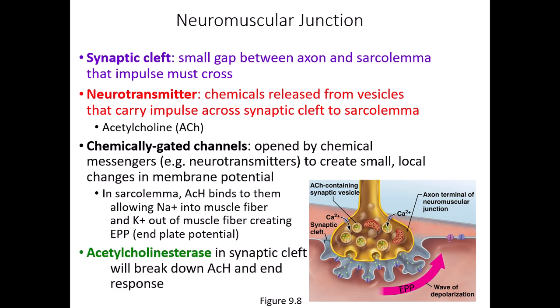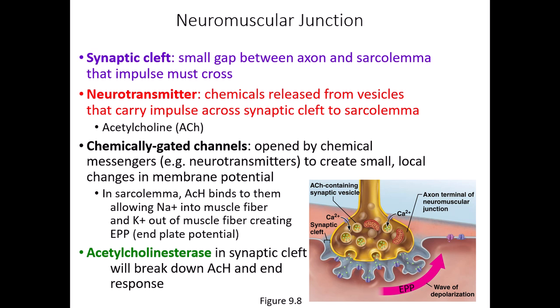And that neurotransmitter, acetylcholine, will be broken down by something called acetylcholinesterase, which is in the synaptic cleft, and that's going to break down the acetylcholine and end the response. So if there was a constant unlimited supply of neurotransmitter, then there would be a constant end plate potential happening, and that would not be good.